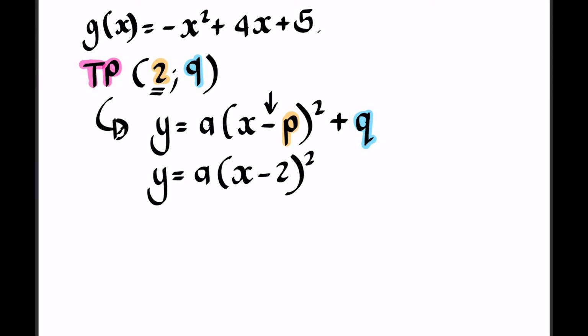If it was a minus 2 graphically, then it would be a positive 2 in the formula. The q value remains positive 9. But when I look at this formula, I can see that I still have an unknown, an a. So I need to get rid of that a somehow.